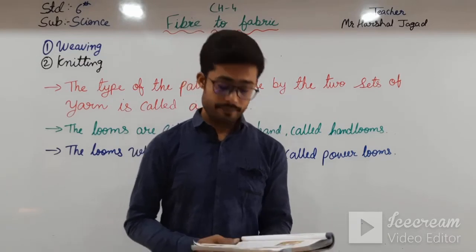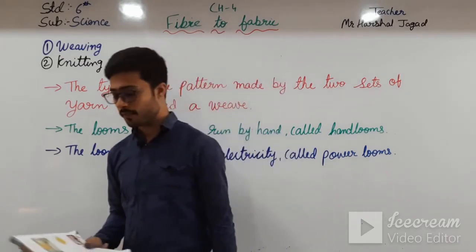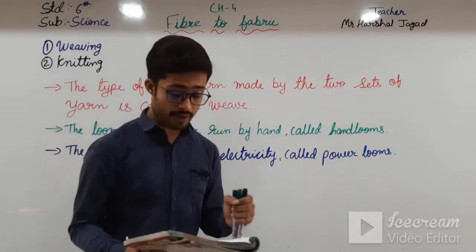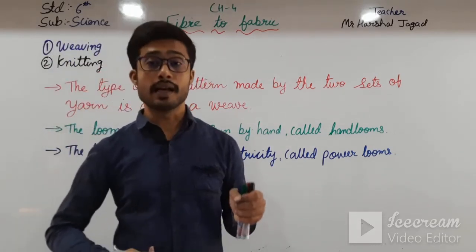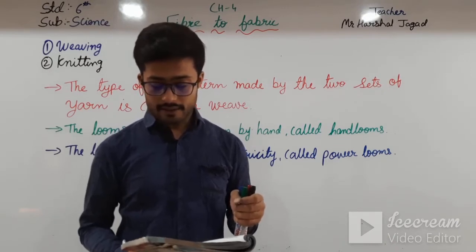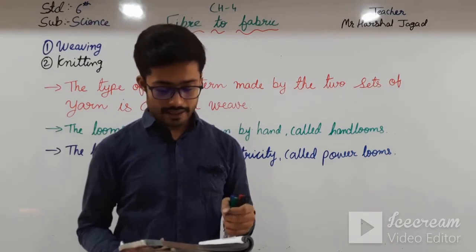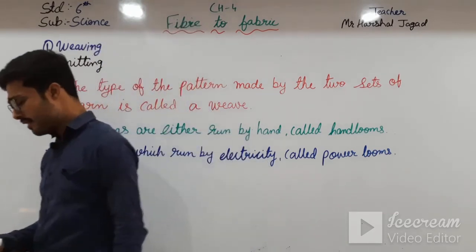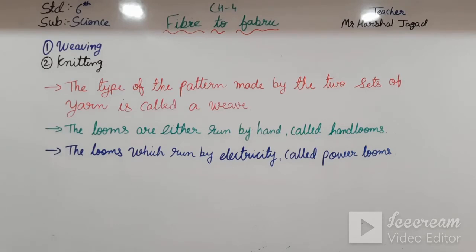Okay, students. See here, our next process is knitting. Knitting is a method of making fabric by using a single yarn in a series of connected loops by using knitting needles or machines. This is made only with a single yarn.